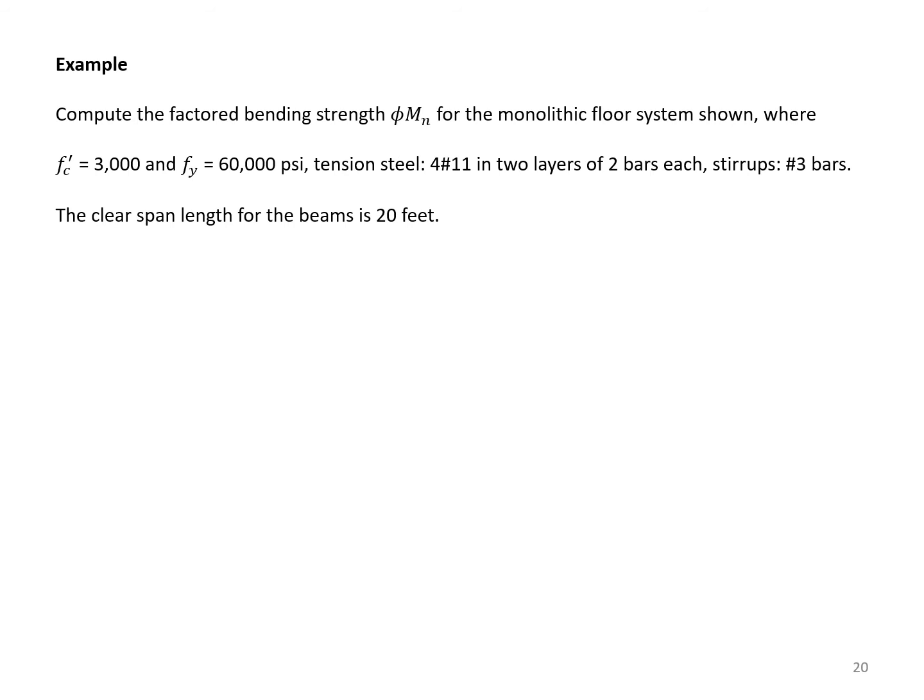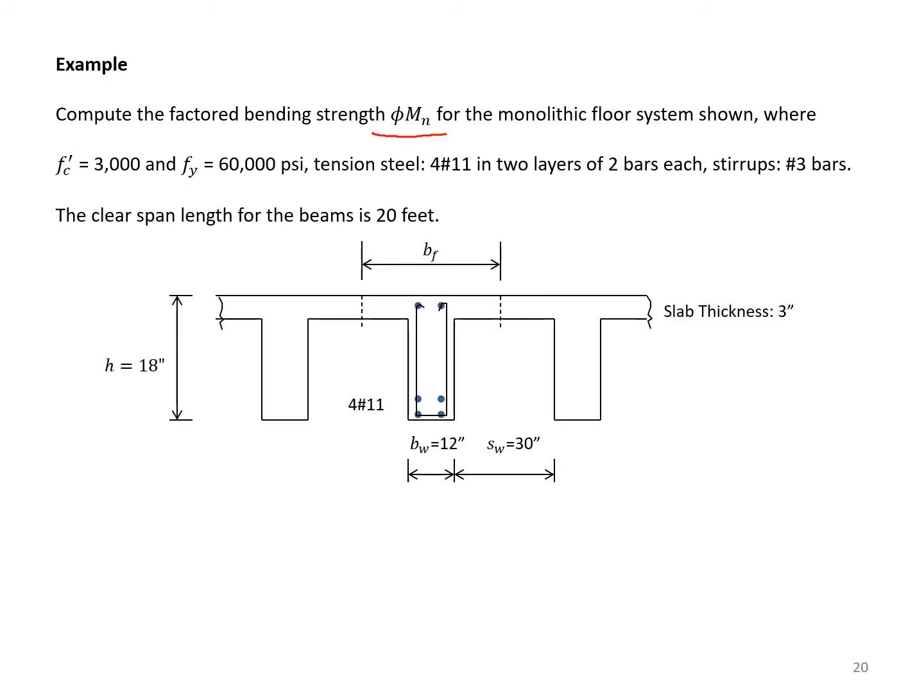Let's look at an example. We want to compute the factored bending strength phi Mn for the monolithic floor system shown in this figure. f prime sub c is taken as 3000 psi, Fy as 60,000 psi, and we are using 4 number 11 bars in 2 layers because we couldn't put them all in one layer.